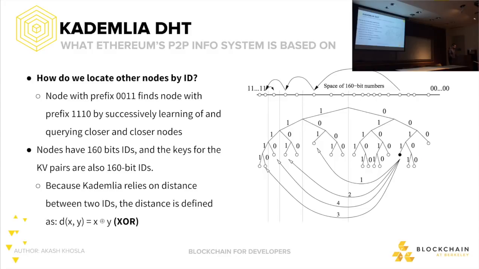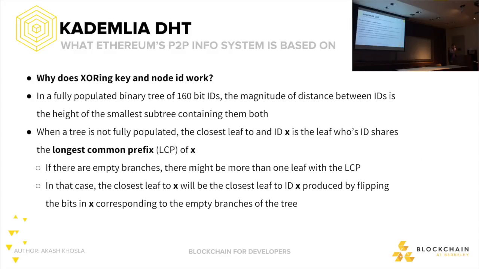And why does XORing the key and the node ID work? Let's say we have a fully populated binary tree of 160-bit IDs, and the magnitude of the distance between those IDs is the height of the smallest subtree containing them both.